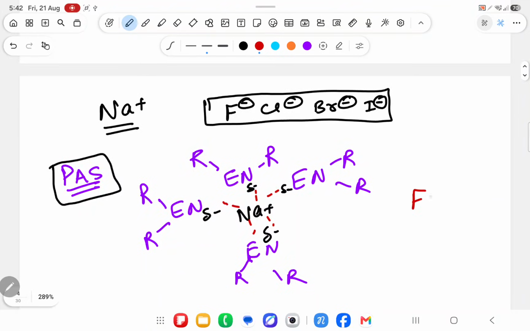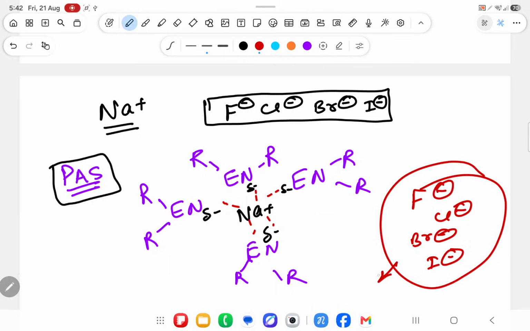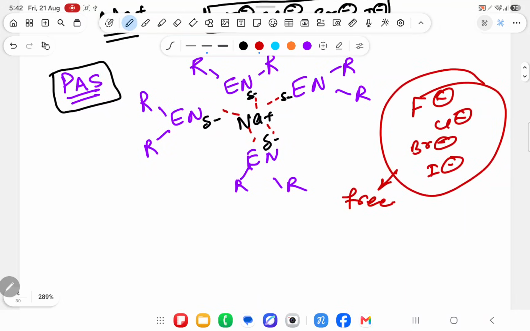But fluorine, chlorine, bromine and iodine are all free to move. No one is touching them. So which one is more stable or has bigger size? They will show the best nucleophilicity.